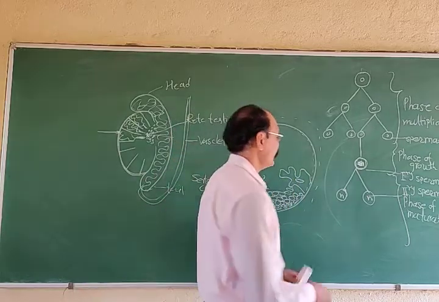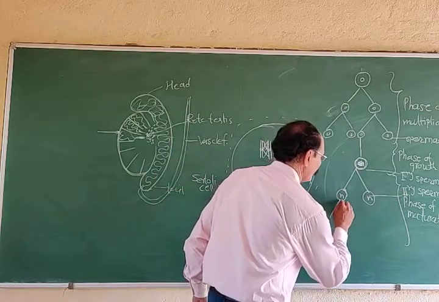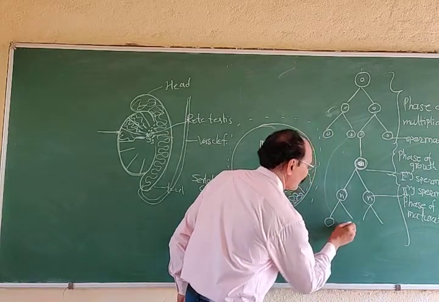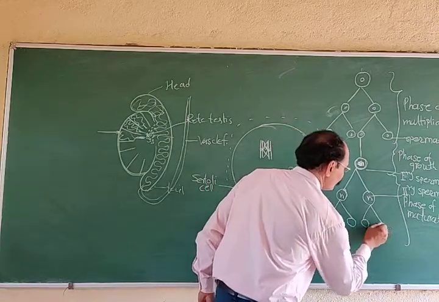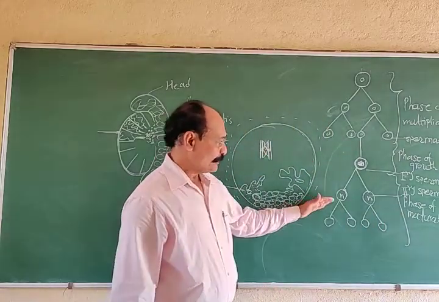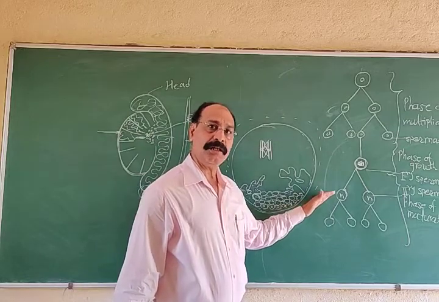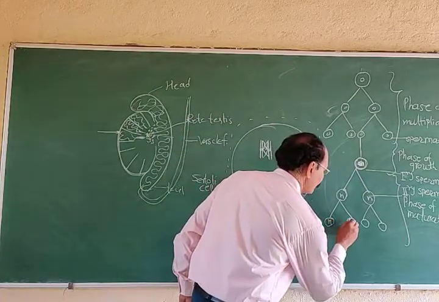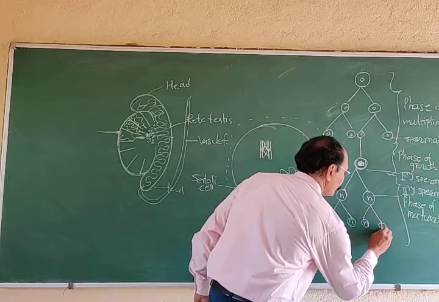Now these haploid cells again undergo one division, and 4 cells are formed due to the second division. Actually, the second division is a simple mitotic division, and due to that, 4 cells are formed which are haploid in nature.